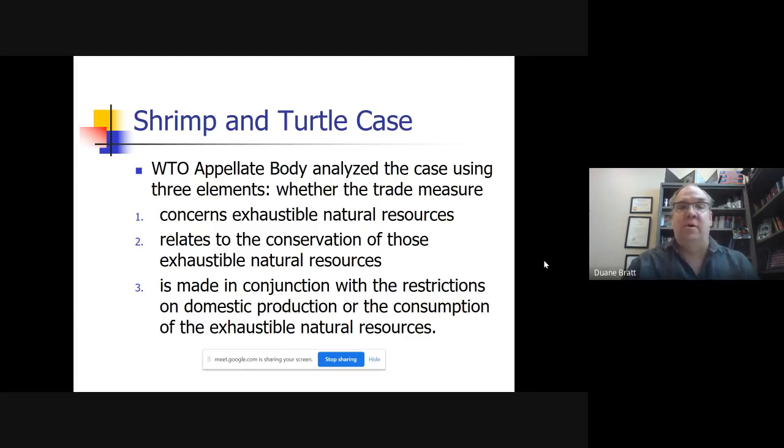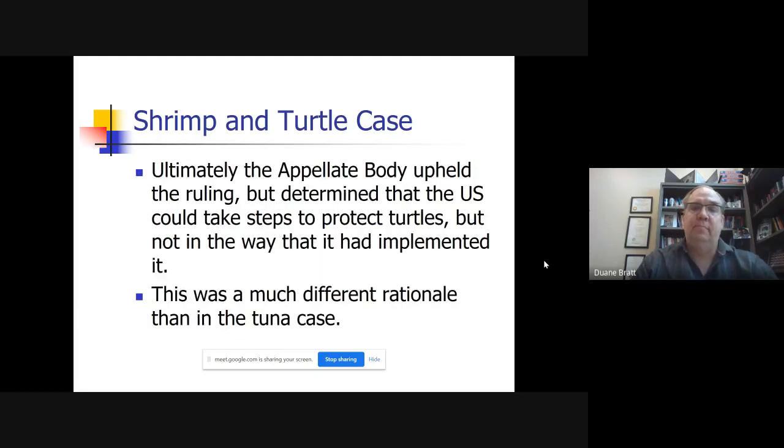And yes, putting a new net to protect turtles seemed to be directly applicable. But the third is, was it made in conjunction with restrictions on domestic production and consumption of the exhaustible natural resources? And that is sort of the key aspect to this. Was the US doing the same in its own market as opposed to other countries as well?